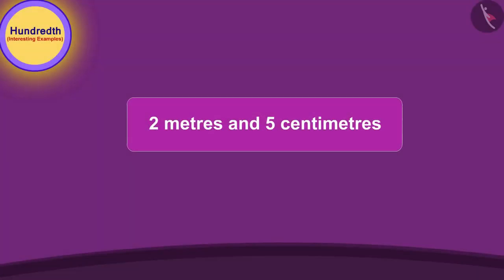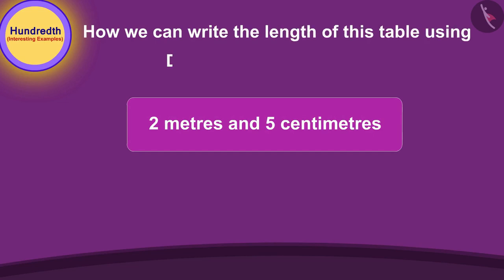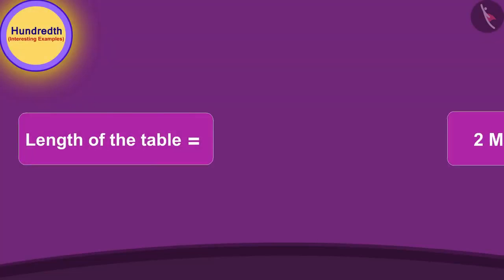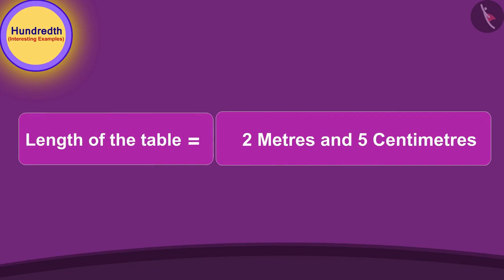Children, can you tell how we can write the length of this table using decimal point? If you wish to, you can stop the video and find the answer. The length of the table is 2 meters and 5 centimeters.